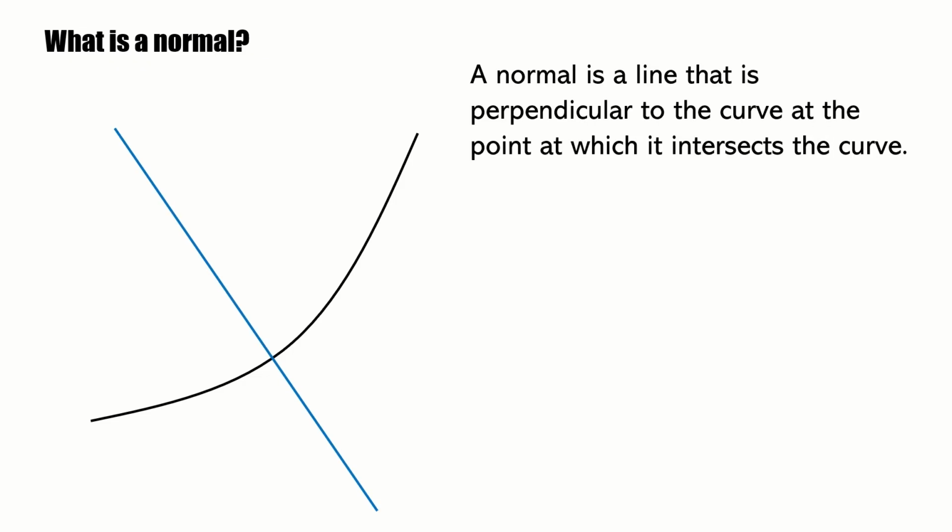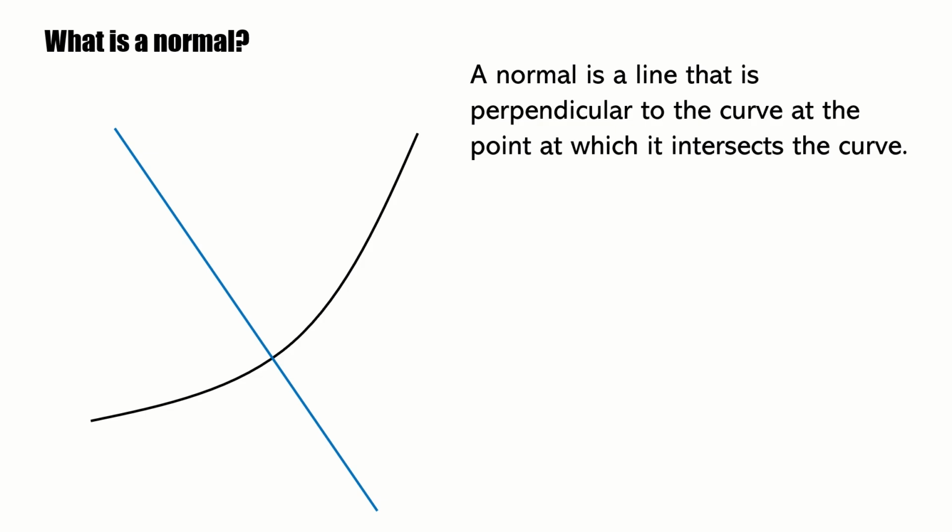But what about a normal? Well, it's going to be similar to a tangent in some ways insofar as it's to do with a curve and then having a straight line, but instead of having the straight line sharing the same gradient as the curve at the point at which it's brushing past, a normal is drawn so that it is 90 degrees or perpendicular to the curve at the point at which it's intersecting.